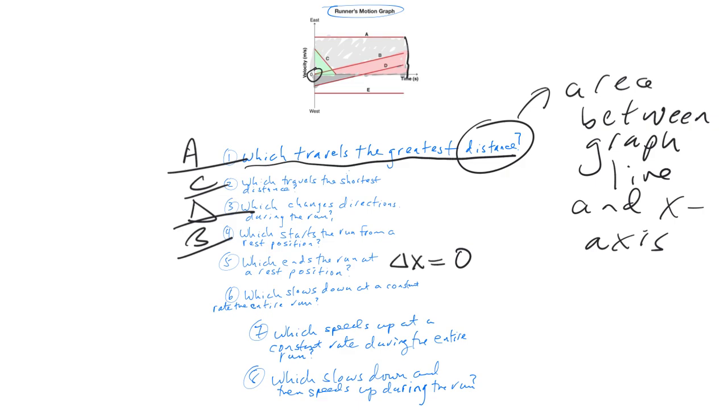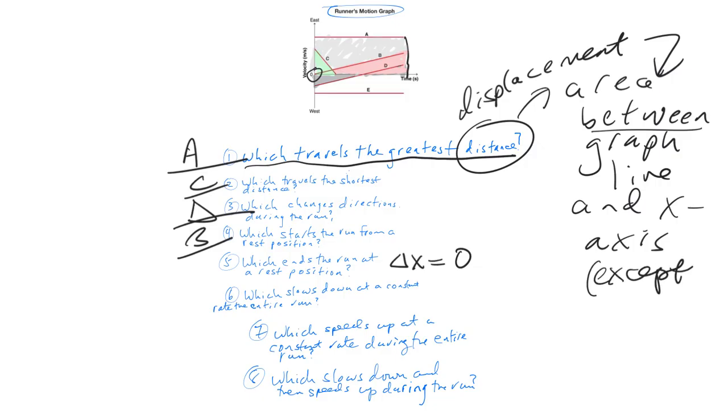Now, when I say the distance is the area under the graph line, between the graph line and x-axis, if I'm saying displacement instead of distance, it's the same thing, except areas below the x-axis are negative displacements.